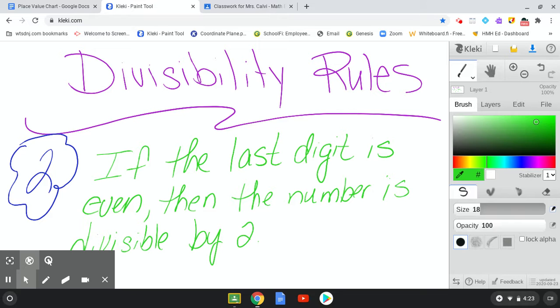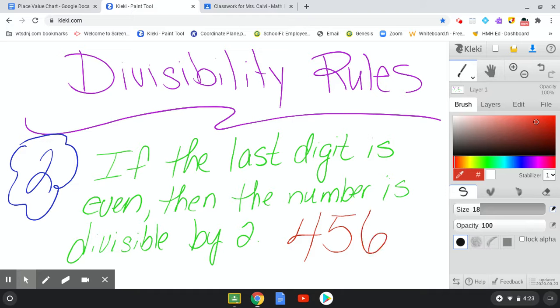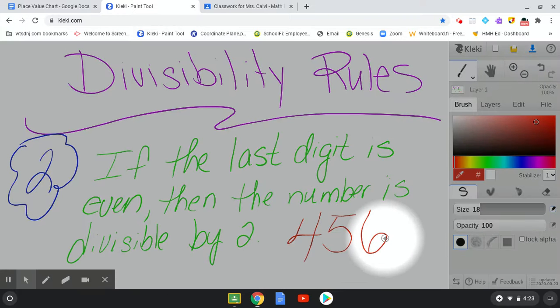The divisibility rule for 2 is if the last digit is even, then the number is divisible by 2. So if we have a number such as 456, I'm looking at the last digit, the 6. If the 6 is even, then the entire number is divisible by 2.